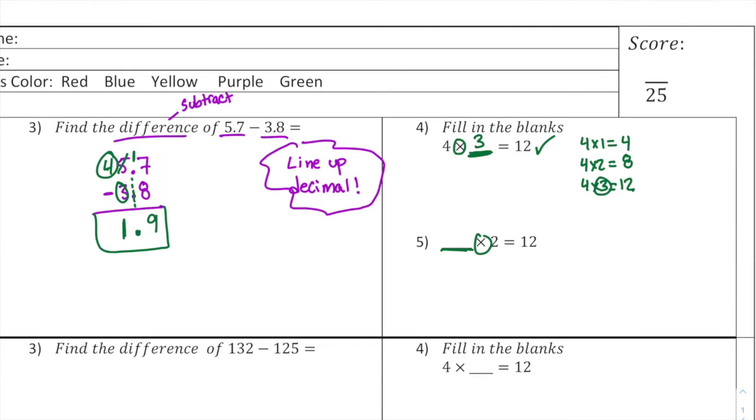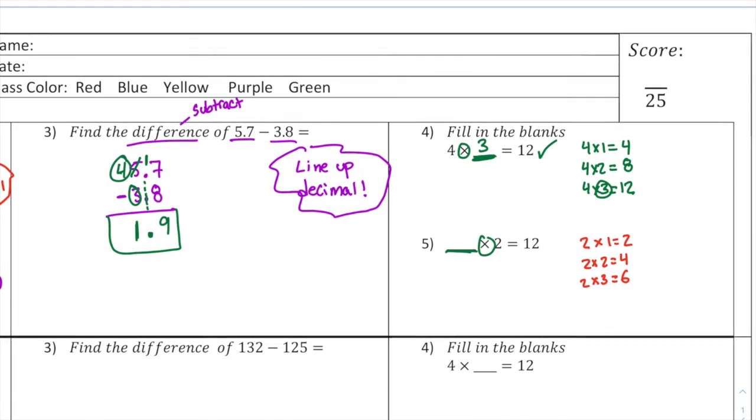Number 5, blank times 2 equals 12. So now we're using our 2's. 2 times 1 is 2. 2 times 2, 4. So we're not there yet. 2 times 3, 6. 2 times 4, 8. 2 times 5, 10.